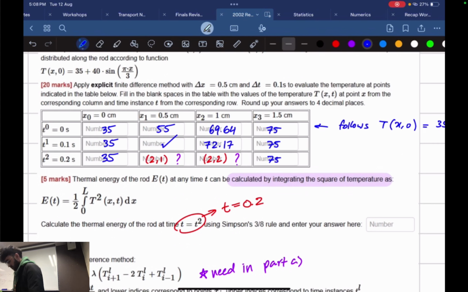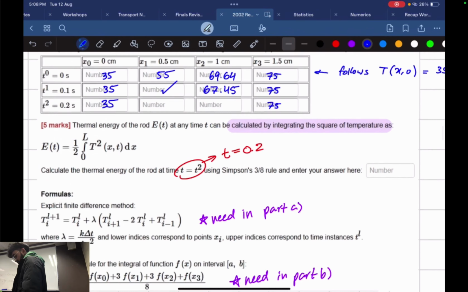So I is the vertical and J is the... So I is the first one, second one. So we go to the second one, third one.